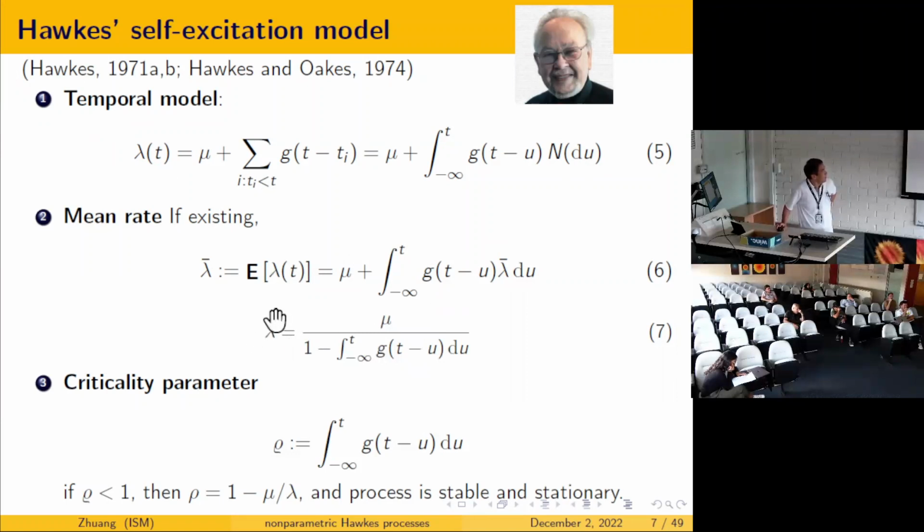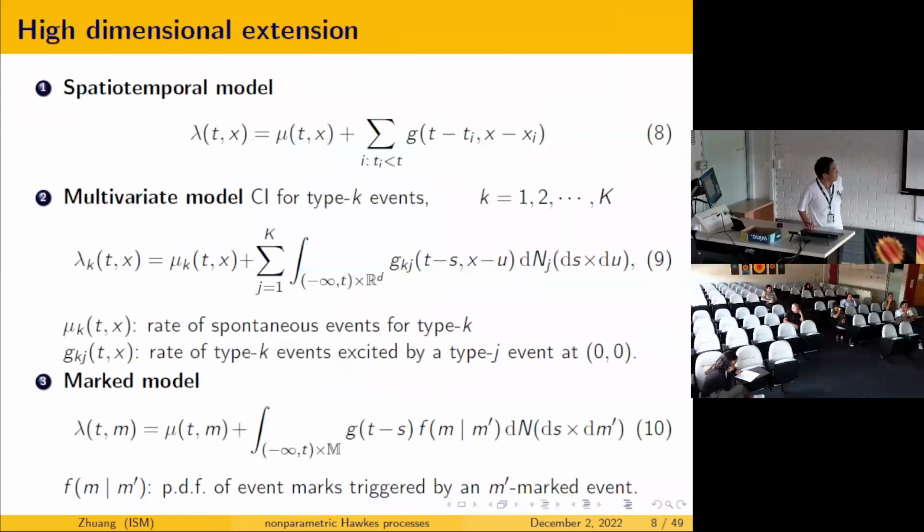To have a positive solution for lambda bar, we need this integral to be finite and less than 1. If it is less than 1, then the process is stable and stationary. These are some simple properties of the Hawkes process.